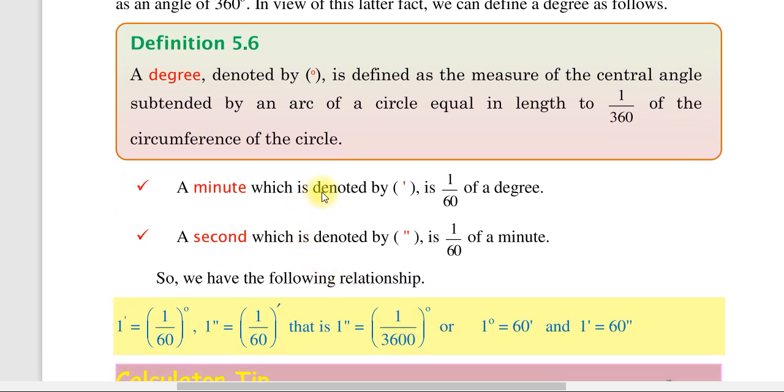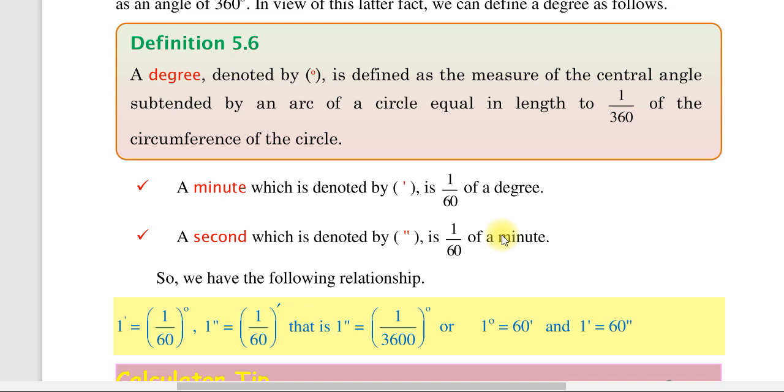A minute, denoted by this symbol, is 1 over 60 of a degree. And a second, denoted by this symbol, is 1 over 60 of a minute.